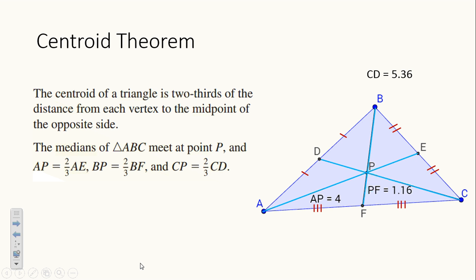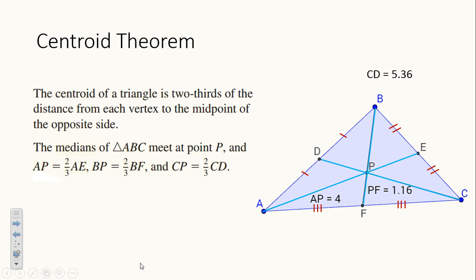PF and BP are two parts of the median, right? Which one's shorter? PF is the shorter segment. PB is the longer segment. Okay?